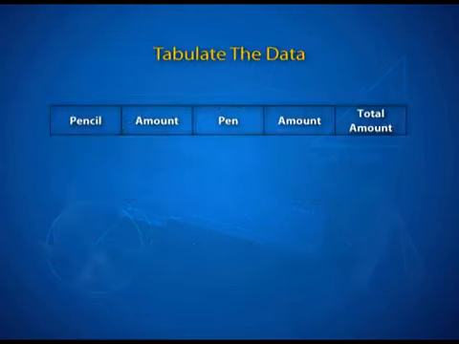Let us tabulate this data now. The first column depicts pencils, the second column the amount spent on pencils, the third column depicts pens, the fourth column depicts the amount spent on pens, and the fifth column depicts the total amount spent on the pens and the pencils together. So, if I buy 0 pencils, the amount spent obviously is 0.